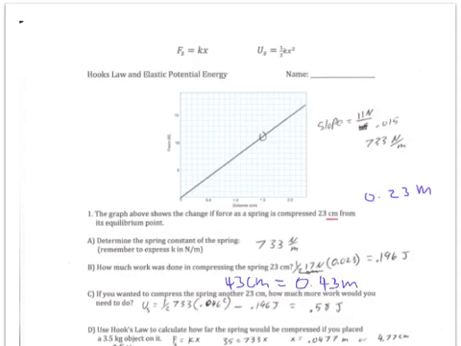So I'm going to use the spring potential energy equation, and I'm going to say US equals 1/2 of k times the total displacement squared. But then I'm going to take away the amount of energy that it took to displace the first 23, because the question is how much more work. So I'm going to take away this many joules from this many joules, and that gives me 0.58 joules.